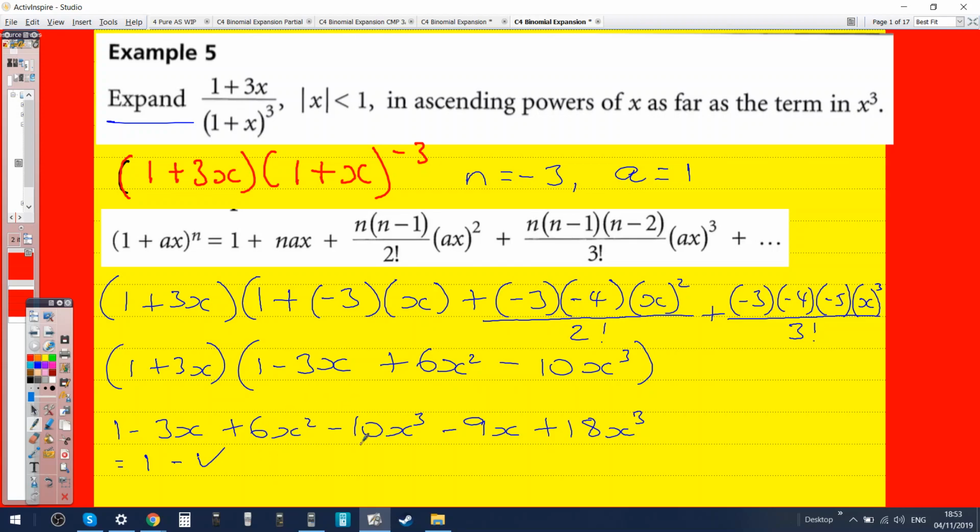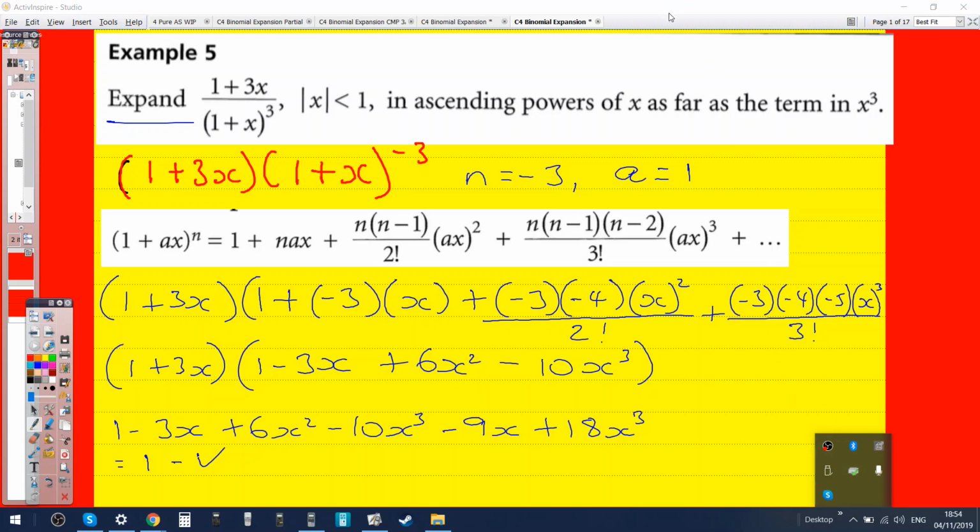So what if they said just find the coefficient of the x cubed term? Can you hear me?